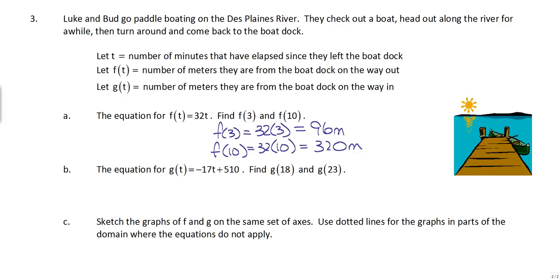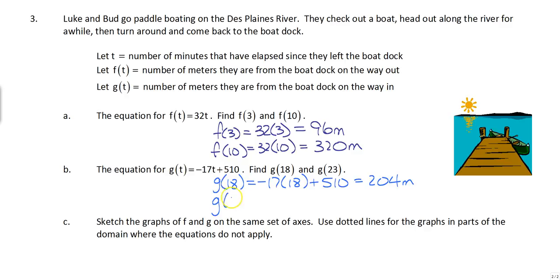The exact same thing happens with g of t. So if we have g of 18, we're just going to substitute 18 in for the t. So that's -17 times 18 plus 510. And by substituting that in, you're going to end up with 204 meters.